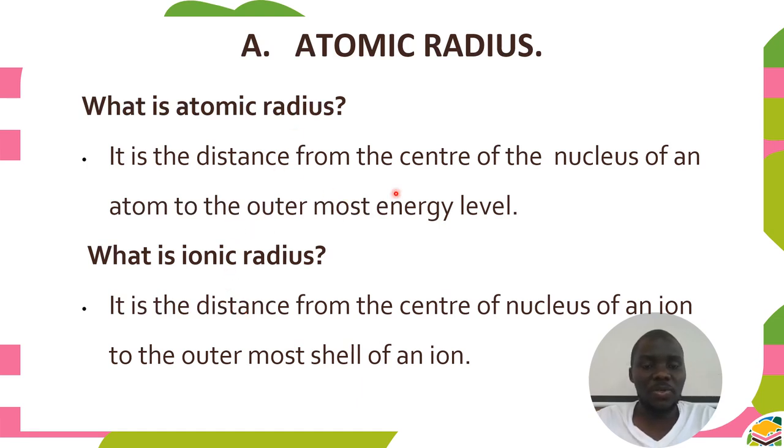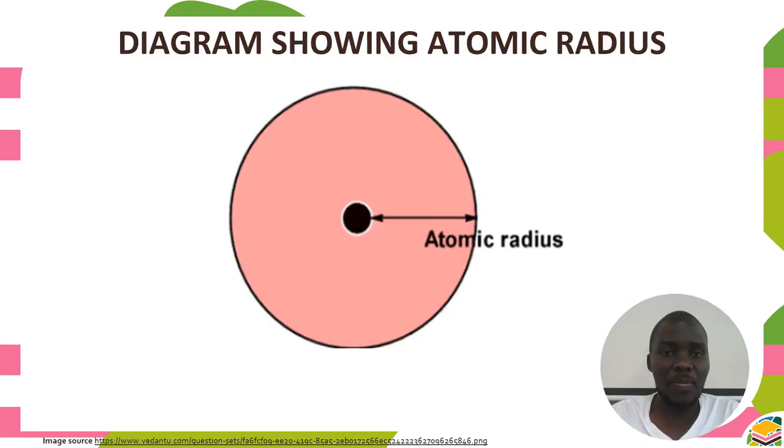So sometimes questions do come, can you differentiate between an ionic radius as well as an atomic radius? So in an atomic radius, we are looking at a neutral atom where the number of protons is equal to the number of electrons, while in an ionic radius, we are looking at a charged atom where the number of electrons and protons are not the same.